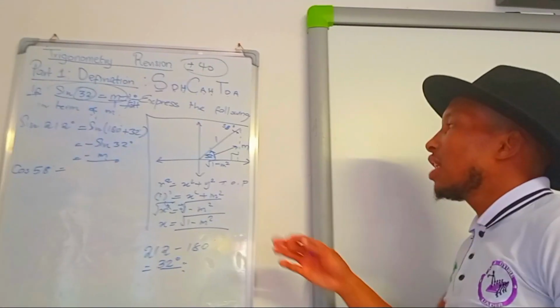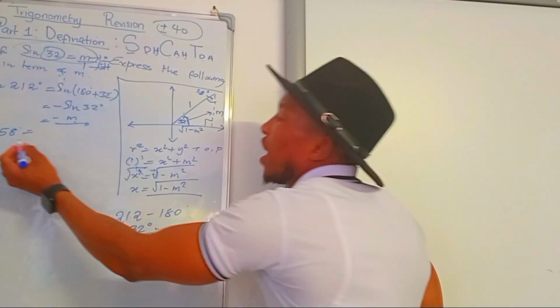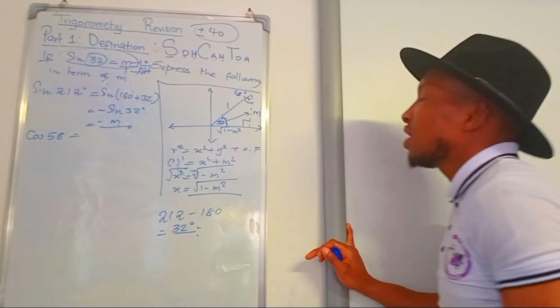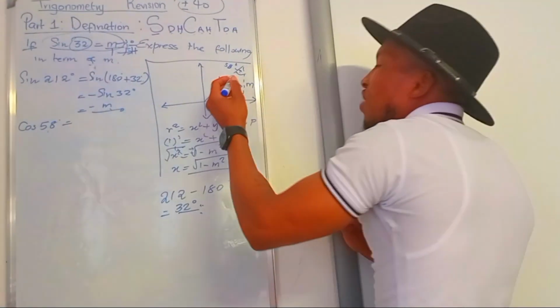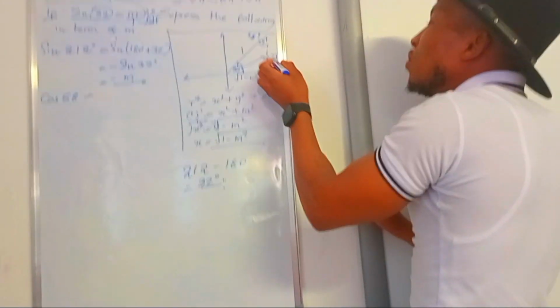Cos 58 degrees is very simple because we have an angle of 58 degrees. You don't need to reduce this angle because it's on your diagram. We just look at the definition of cos, which is adjacent over hypotenuse.